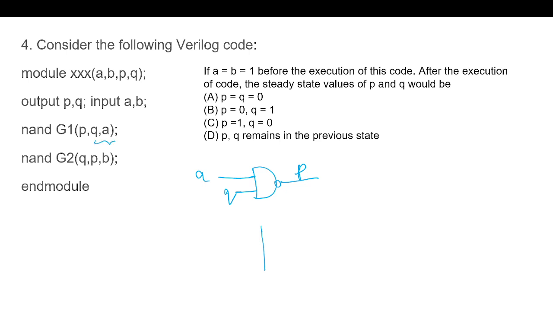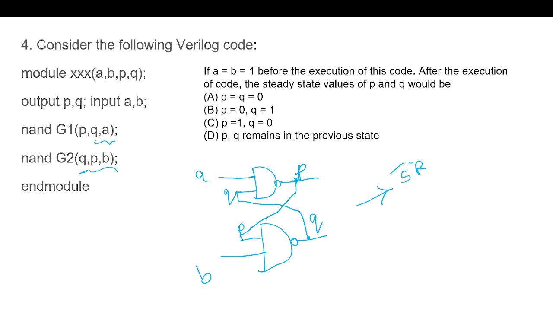Then Q will be the output of another NAND gate, with P as one of the inputs and B as the other input. So P is this one and Q is this one. So this one is our S bar R bar latch.